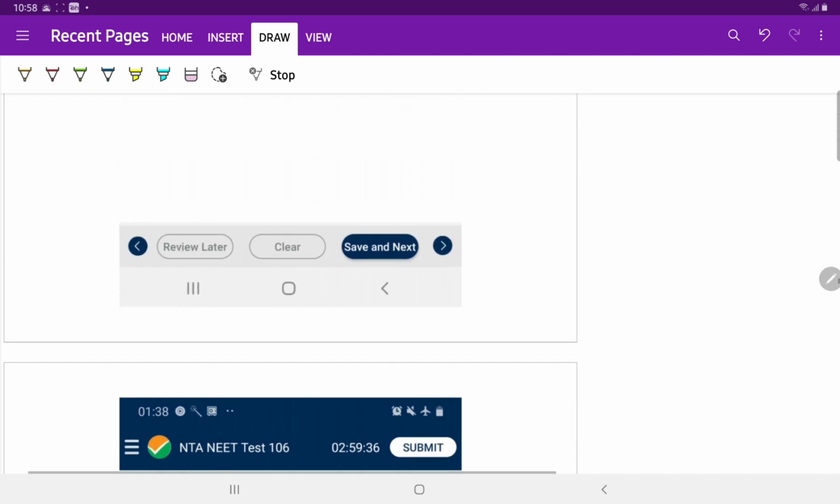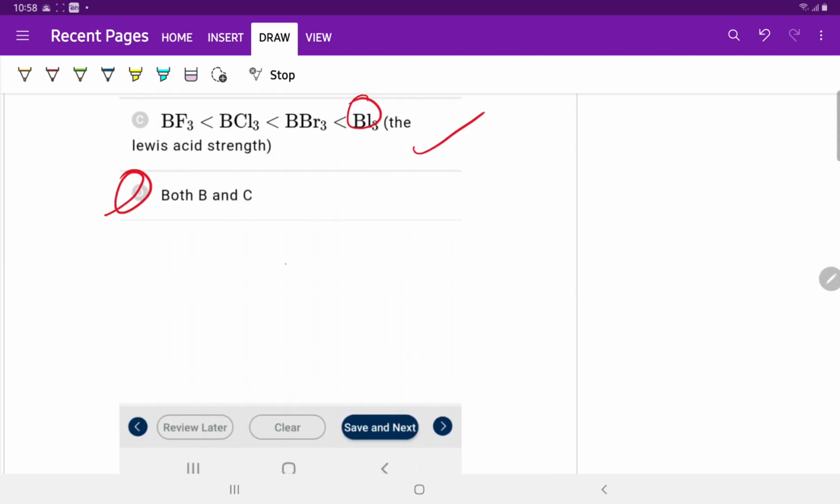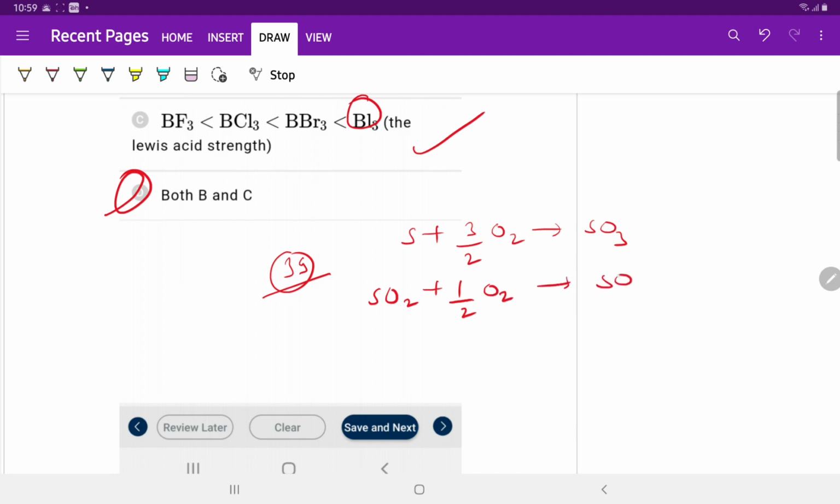Okay, there is a question missing, which is question number 39. In this question we have to calculate the enthalpy of formation of SO2. We have to calculate it by this. Sulfur reacts with 3/2 moles of O2 and forms SO3, and SO2 reacts with half of O2 to give SO3, right?